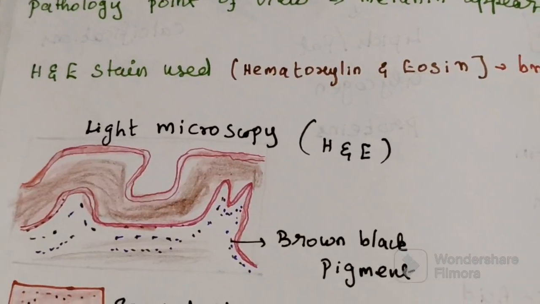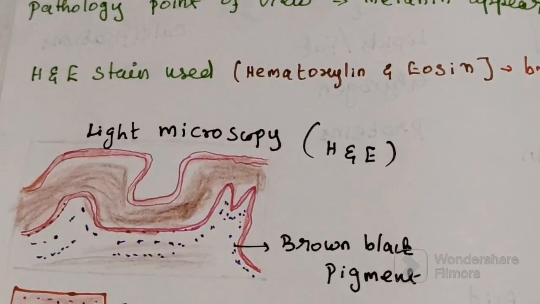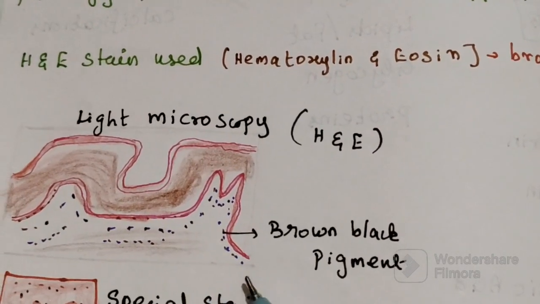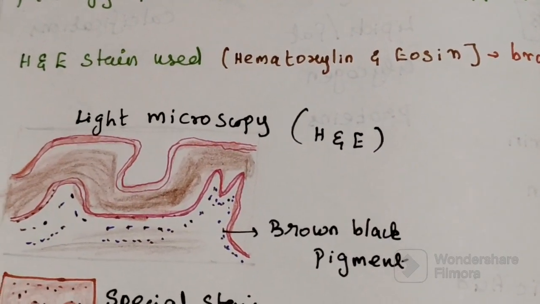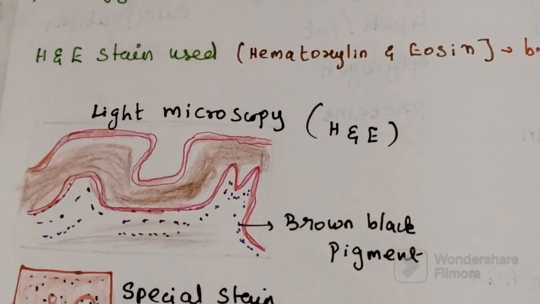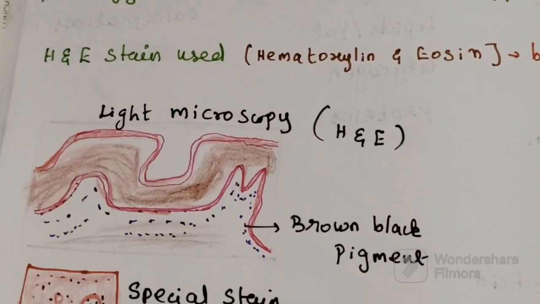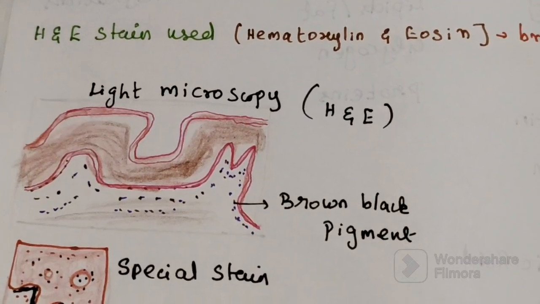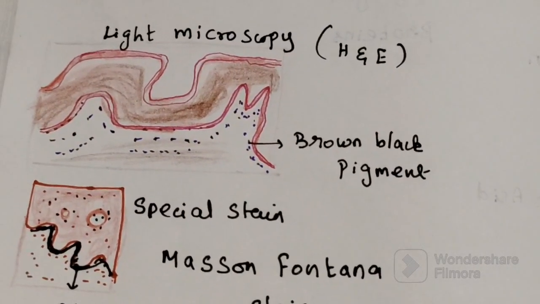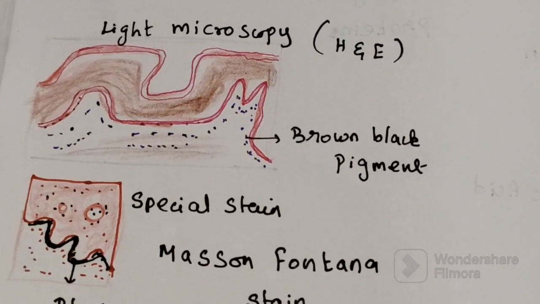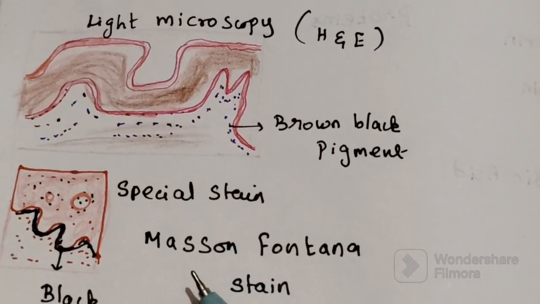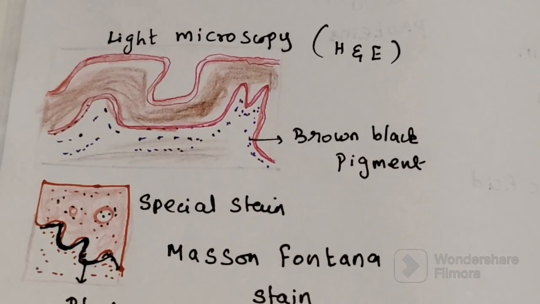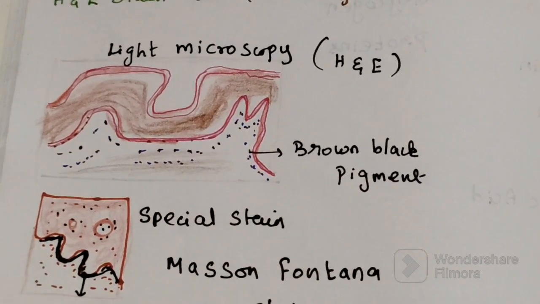This is a slide of the skin. The basal layer of skin is seen with brown black pigment. Is there any special stain we can use for melanin? The special stain is called Masson-Fontana. This special stain is used for melanin.